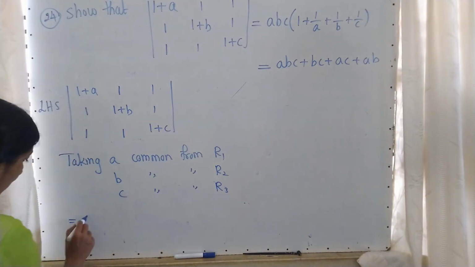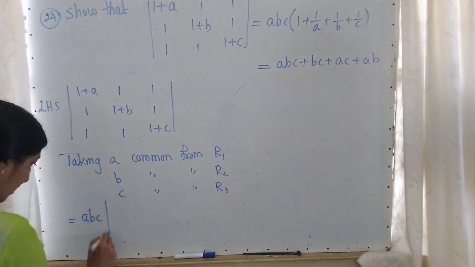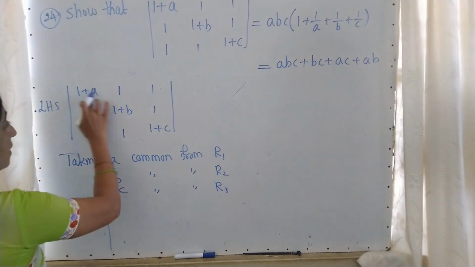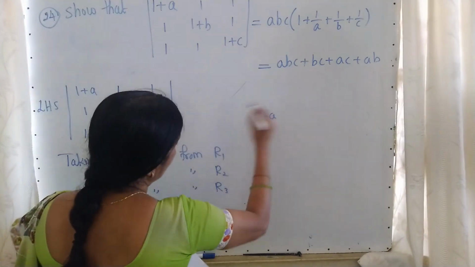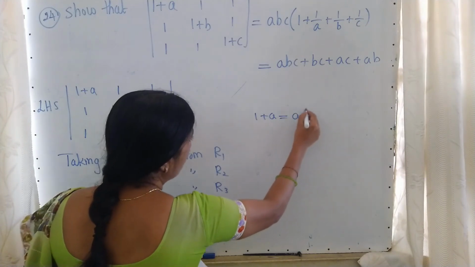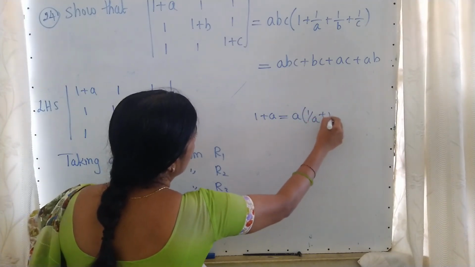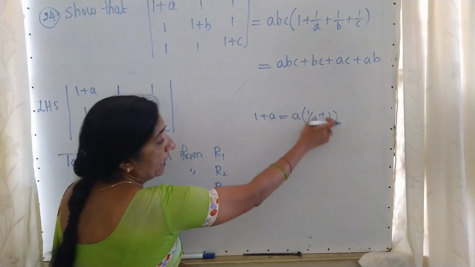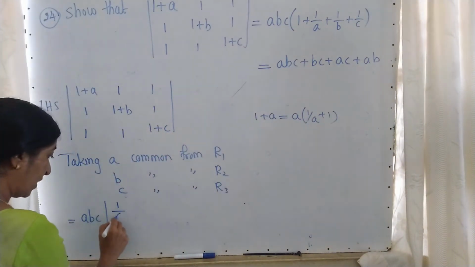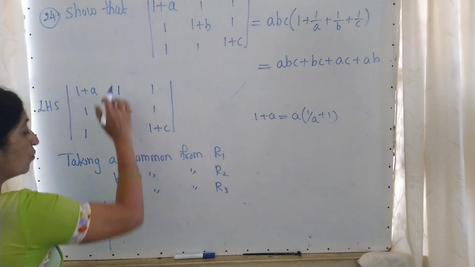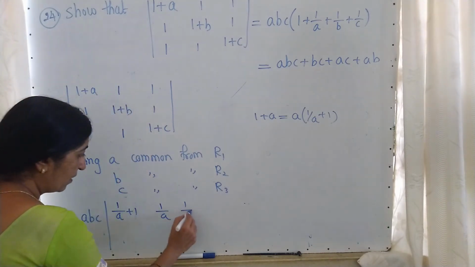So what are you getting? I am getting abc outside. See, a is common: 1 plus a, if you take a common, gives a outside, 1/a plus 1. If you take a inside the bracket, you will get the same term. So this is 1/a plus 1. There is no a, so 1/a.